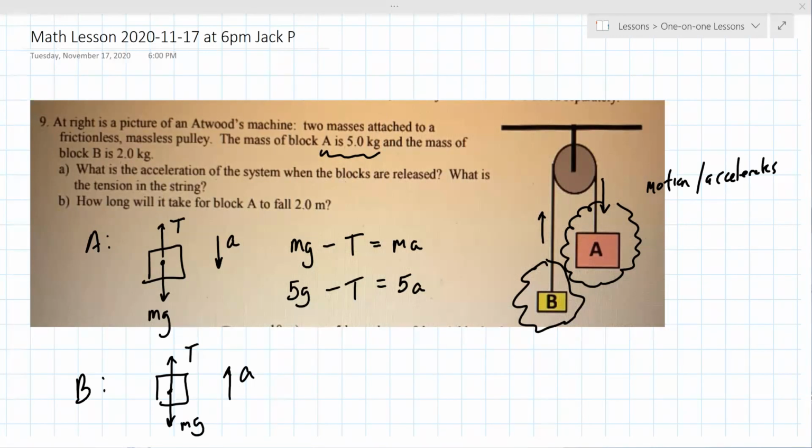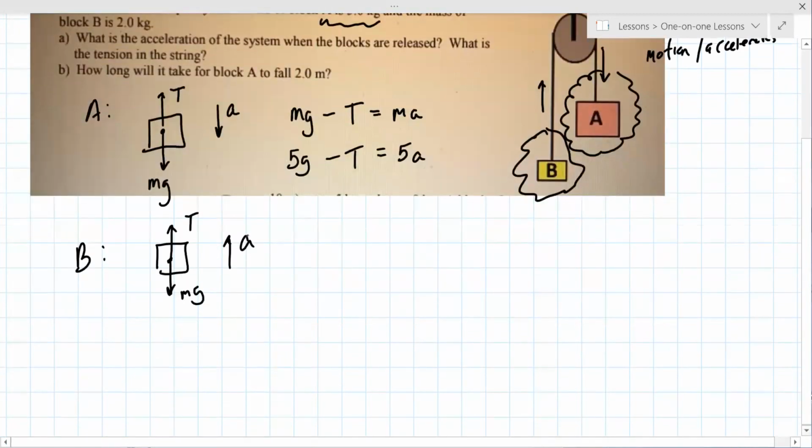Well, this time you assume that positive is up because it's the direction of acceleration. So it's T minus mg equals ma. And this time m is equal to 2, so we can write T minus 2g equals 2a.